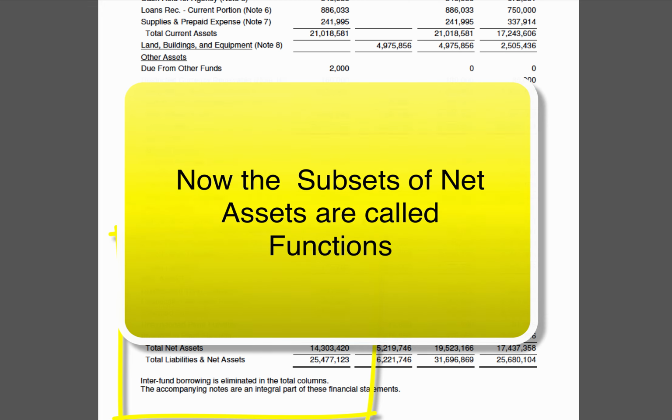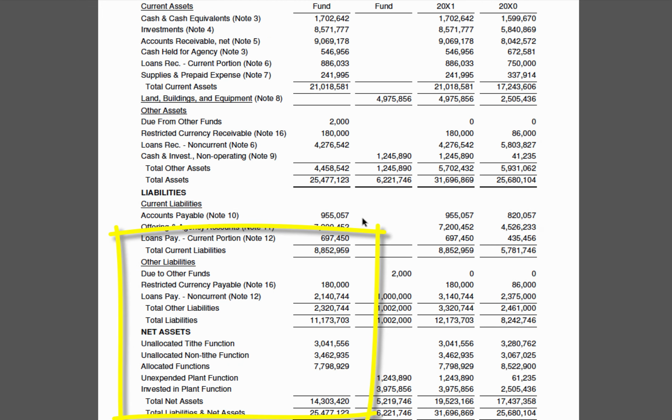So the only place in the accounting world that fund is properly used is in the environment of a self-balancing set of accounts. The net assets of the self-balancing set of accounts are the net assets, and we divide the net assets into functions. You can see the interaction there. So we want to be careful about misusing the term fund.